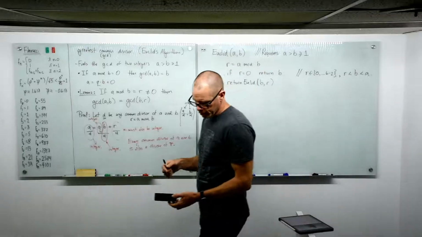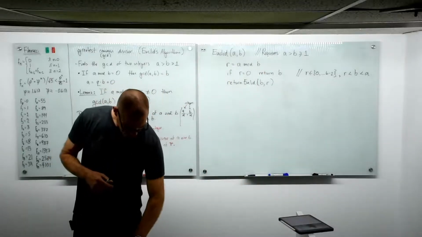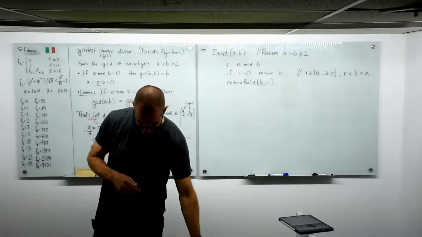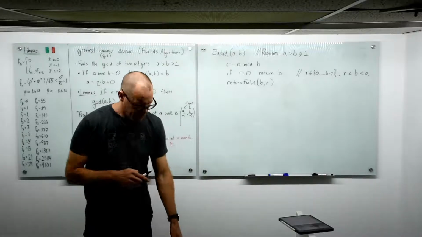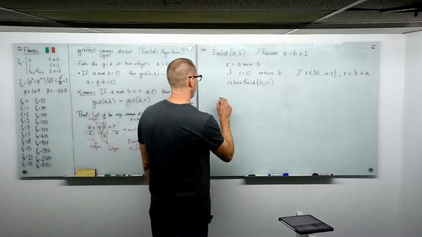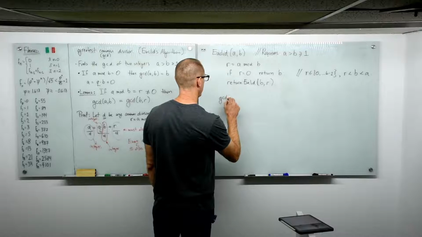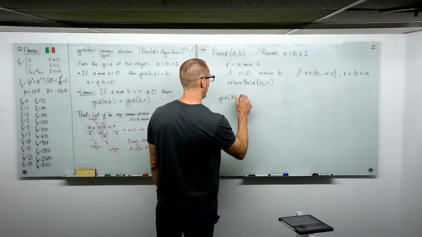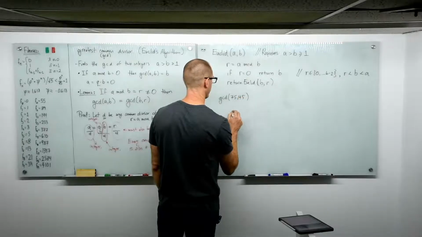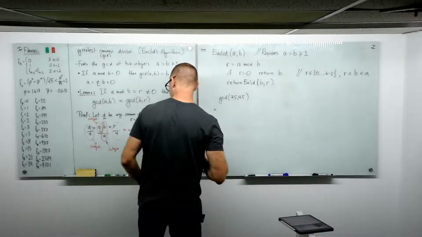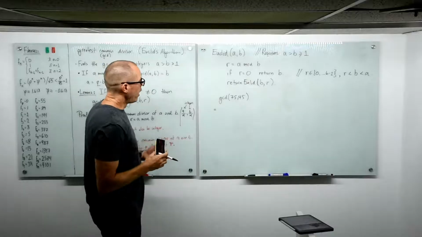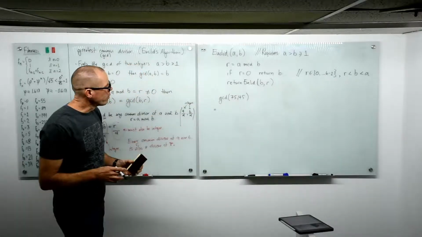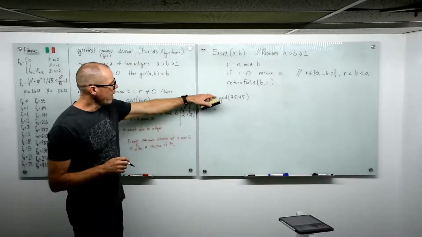So take a look at a quick example or two. So let's try the GCD of 75 and 45. Or Euclid 75, 45. So what happens there?